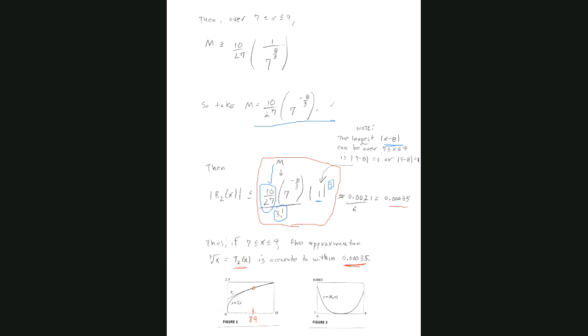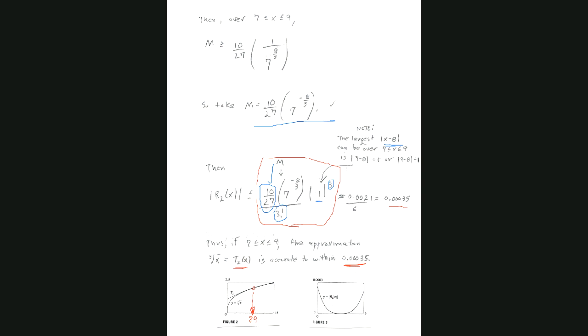That's where the Taylor polynomial and the cube root of x agree perfectly. And the second-degree Taylor polynomial will approximate the cube root of x pretty well over the interval from 7 to 9.